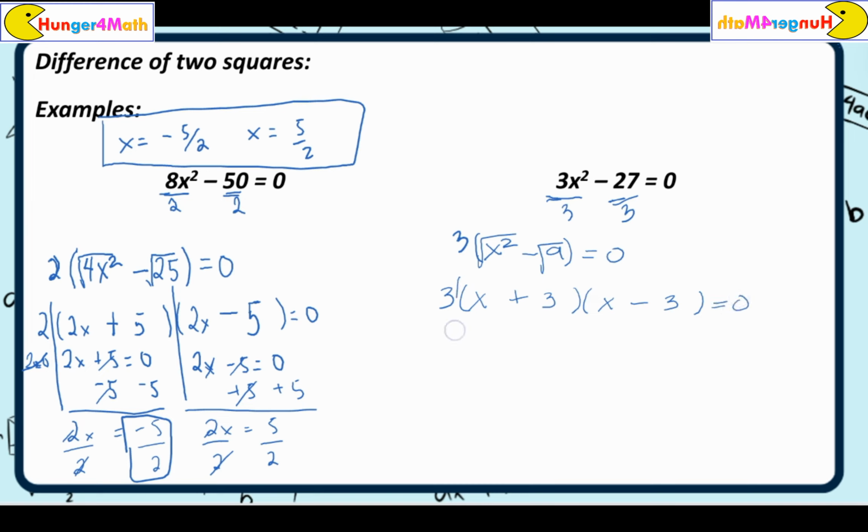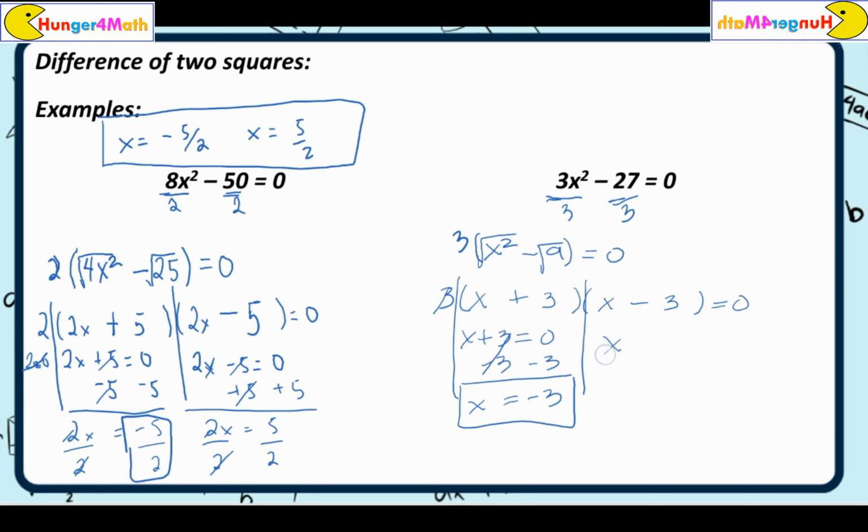Then split the factors and equate each to 0. Now here we don't have x. On the second factor we have x plus 3 is equal to 0. So to solve for x, minus 3 for both sides. X will be 3 minus 3 is 0, is equal to negative 3.